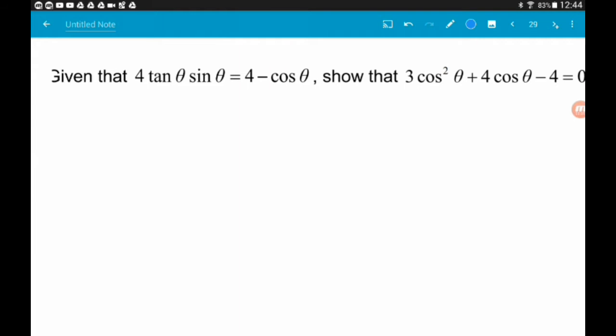So, 4 tan theta sine of theta. Well, again, tan of theta is sine of theta over cos of theta.